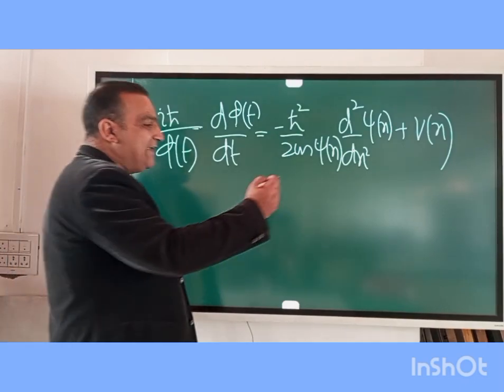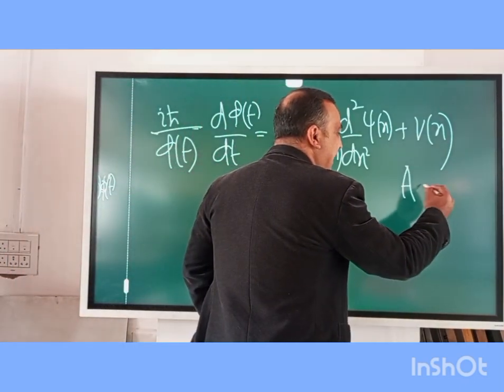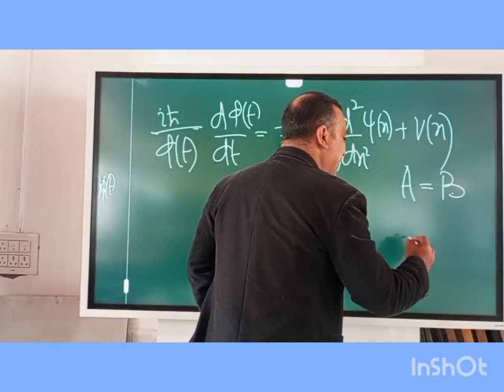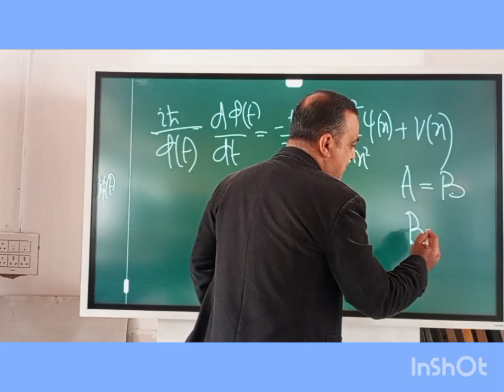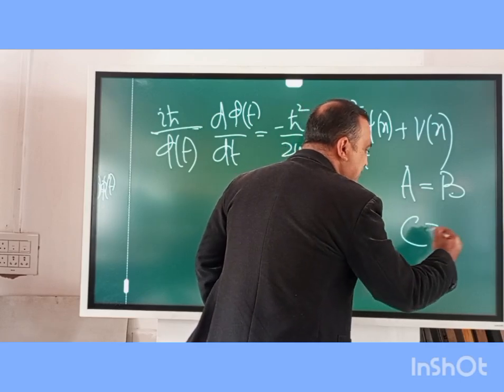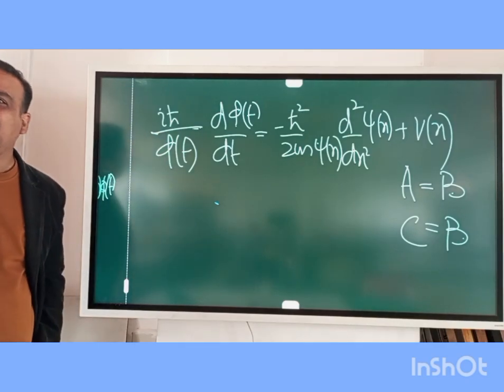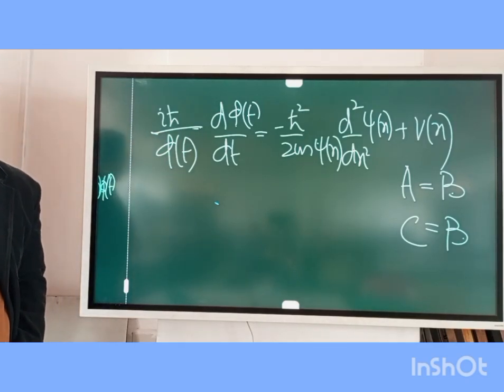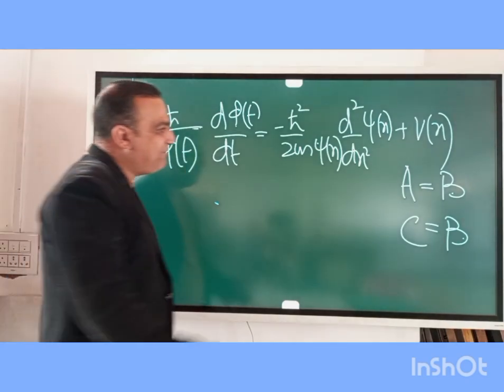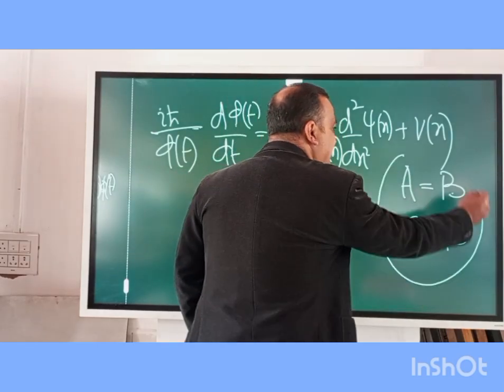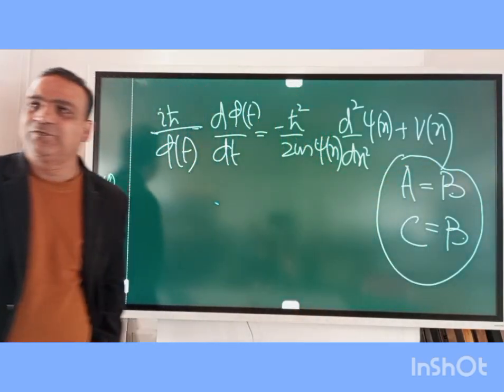It's like if I say A is equal to B, and C is also equal to B. This is the only way that I can think of solving this problem, so that way I can do some degree of justice with this equation, right?